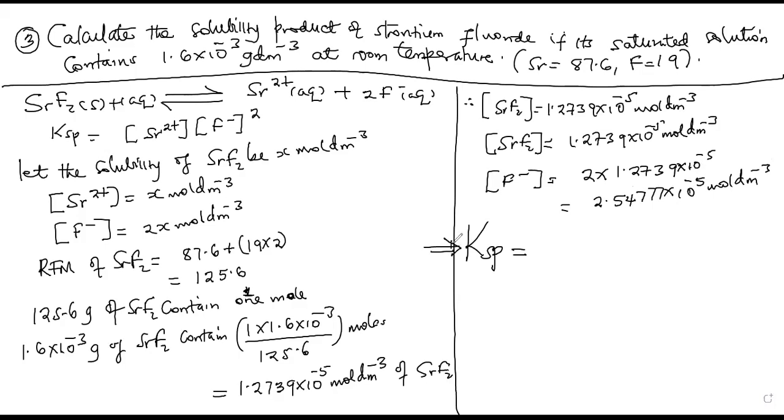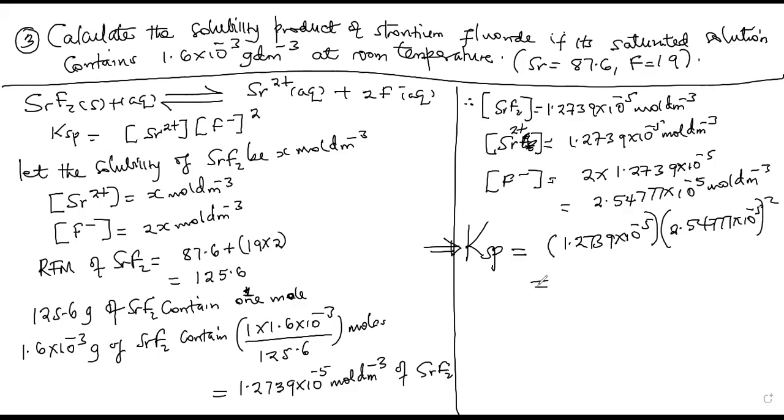Therefore, the value of Ksp will be equal to the concentration of strontium ion, 1.2739 exponent negative 5, times the concentration of fluoride ion squared, 2.5478 exponent negative 5 squared.